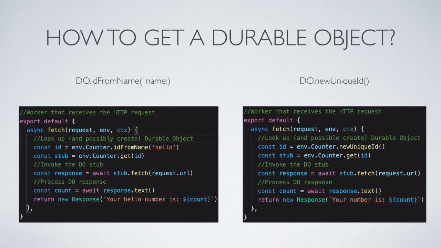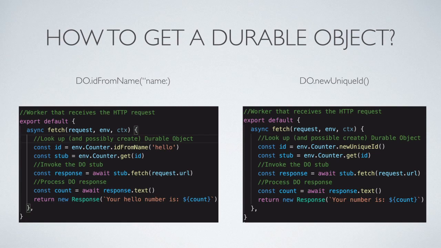So let's show some code examples to make things a bit more concrete. Like, how do we get a Durable Object? Well, there's two different methods that each have slightly different semantics. The first one is idFromName, which allows you to create a Durable Object with an external identifier, such as a username or a company identifier.